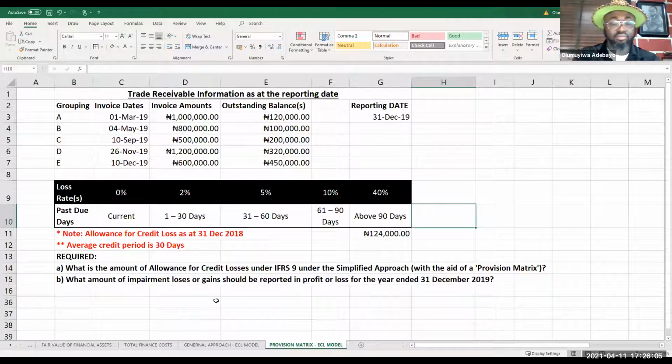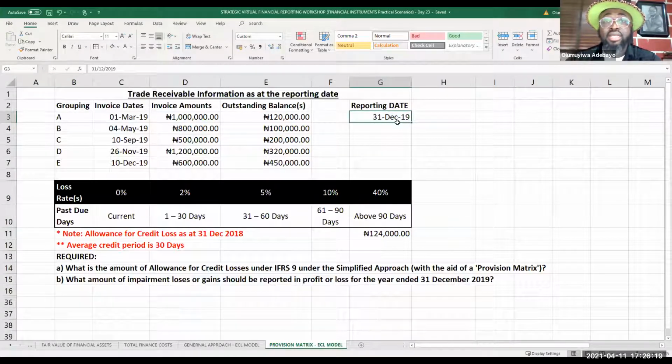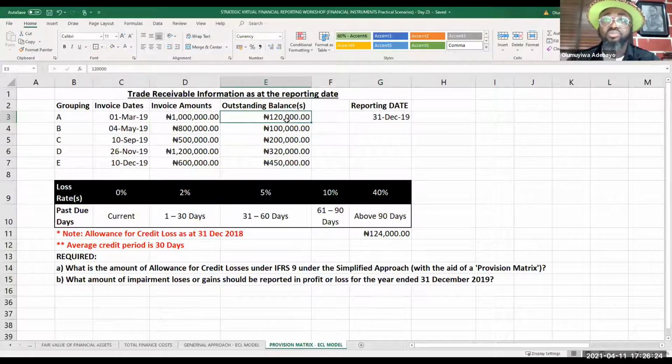Now, let's look at it. For Group A that bought on 1st of March, 2019 items worth 1 million naira, as at the reporting date, they see a balance of 120. Is it past due? Yes or no, and why?